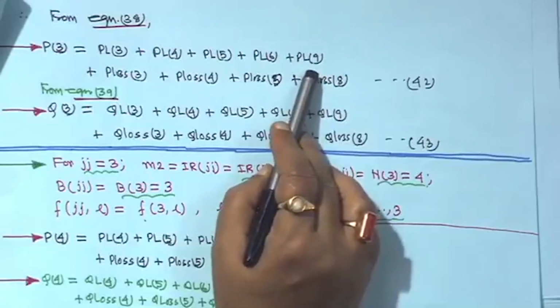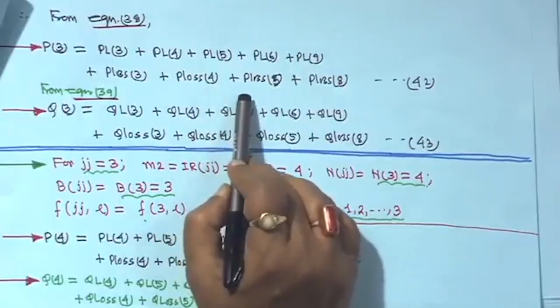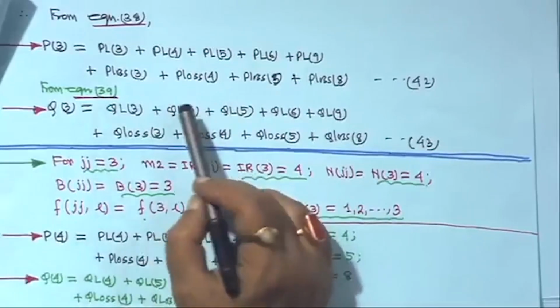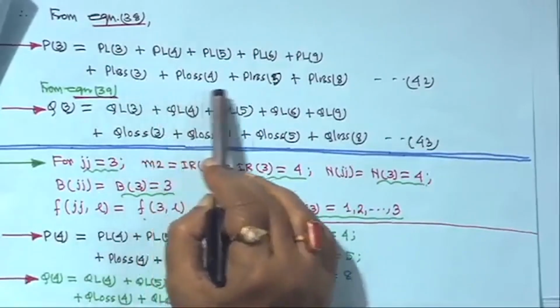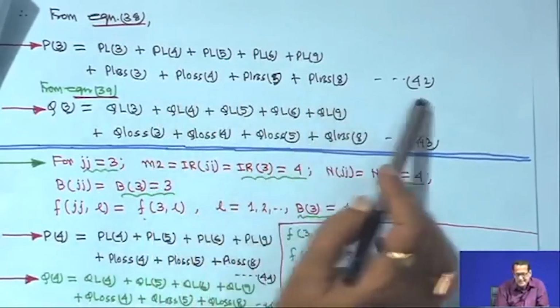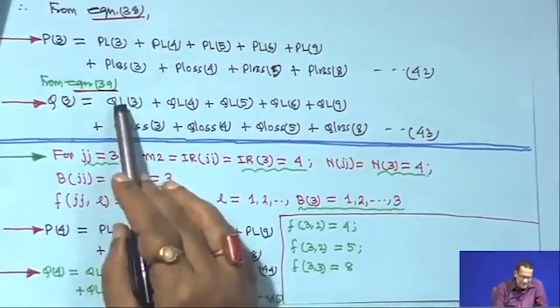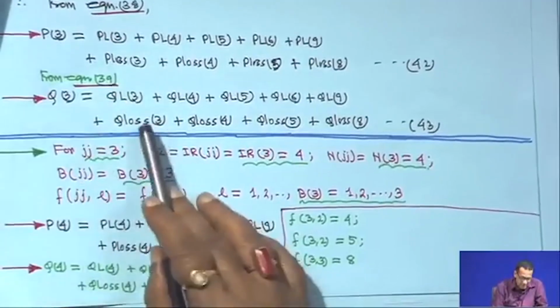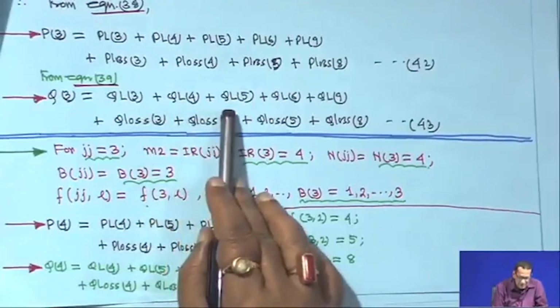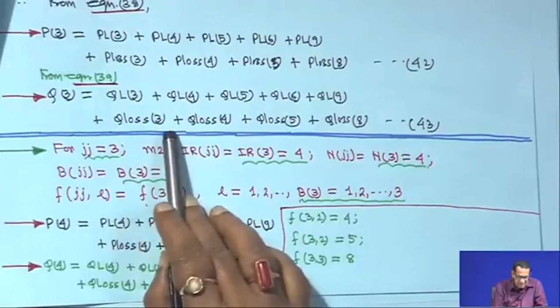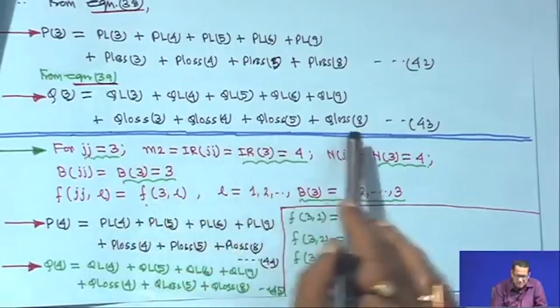At the same time, you look at the diagram, the figure, whatever you have taken from the figure, and you verify, plus P loss 3 plus P loss 4 plus P loss 5 plus P loss 8. This is equation 42. Similarly, from equation 39, Q3 is equal to QL3 plus QL4 plus QL5 plus QL6 plus QL9 plus Q loss 3 plus Q loss 4 plus Q loss 5 plus Q loss 8.